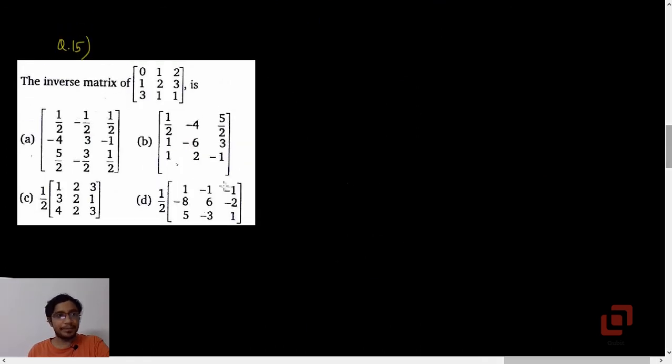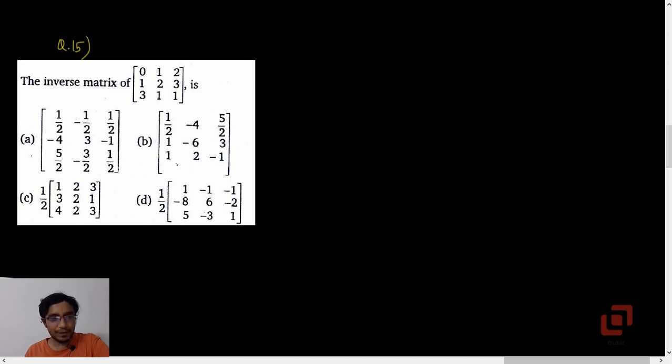Question number 15. The inverse of this particular matrix is, now this is a 3 by 3 matrix. Remember, whenever you are finding the inverse of a 3 by 3 matrix in a multiple choice question, it's not necessary to find all 9 entries of the inverse. So don't go to the adjoint method and start finding the whole inverse.